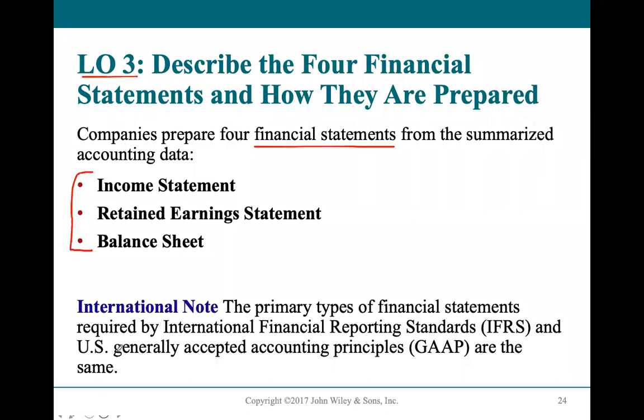The 4th financial statement, called the statement of cash flows, is an important statement, but it is a very detailed statement that's usually performed in managerial accounting or in intermediate accounting in a significantly more detailed way. And so we're going to save that for later.